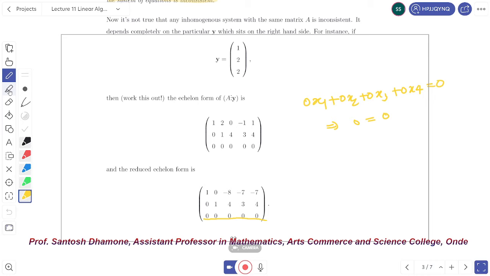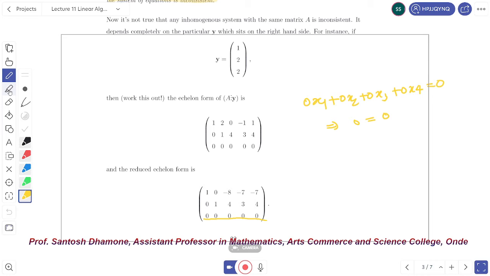Okay, what do we get? We get x1 minus 8x3 minus 7x4 is equal to minus 7.